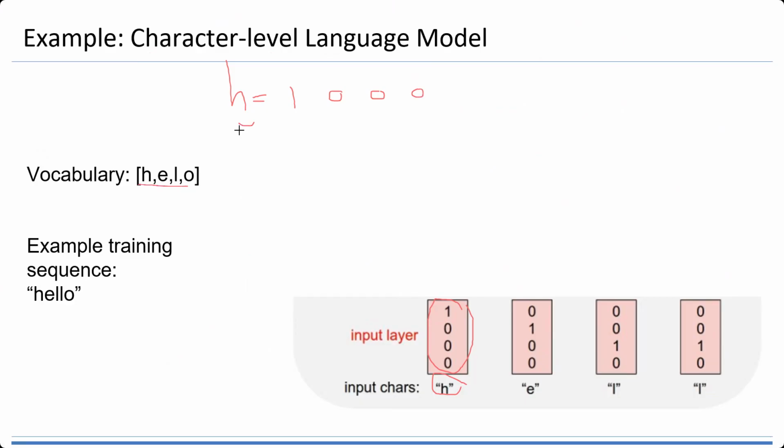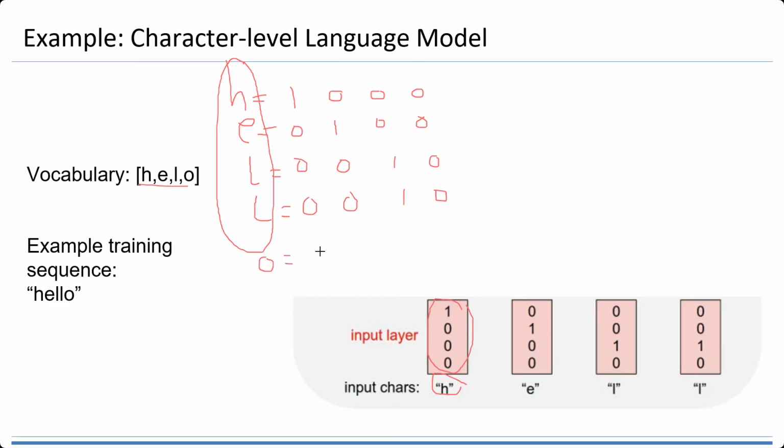If we have E, then 0, 1, 0, 0. If we have L, then 0, 0, 1, 0. The other L will be the same, 0, 0, 1, 0. For the O, we can have 0, 0, 0, 1.